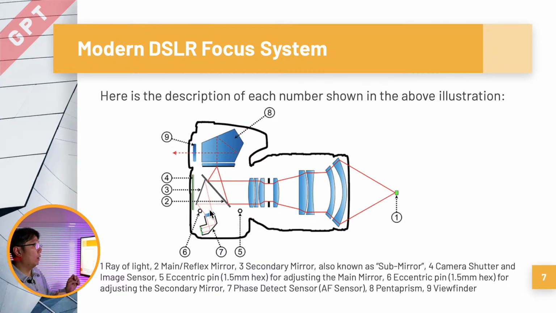Let's talk about a little bit of the drawbacks of this kind of design. When we focus the light, there are several issues. First of all, when the mirror flips up, it will generate a little bit of shock to the whole camera body.